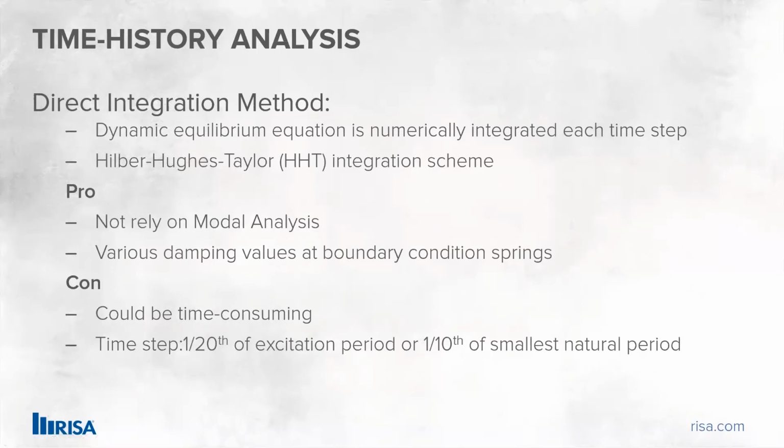So the time step that you define is very important. The step we recommend is typically 1/20th of the excitation period, for example for an excitation from equipment vibration, or 1/10 of the smallest natural period for something like a seismic load.